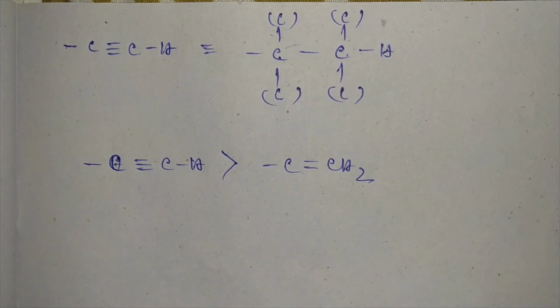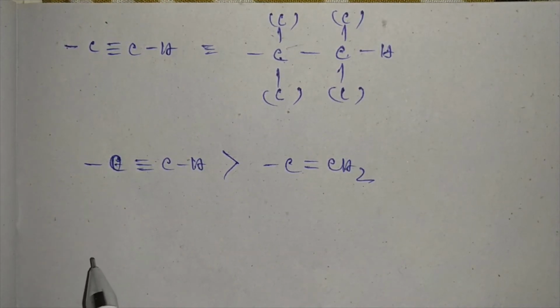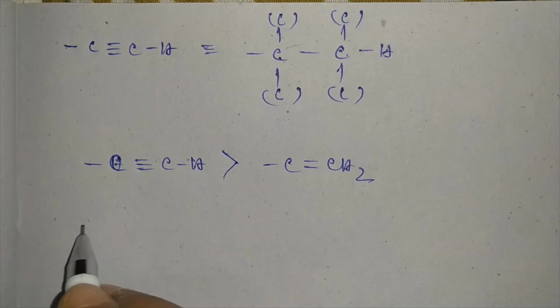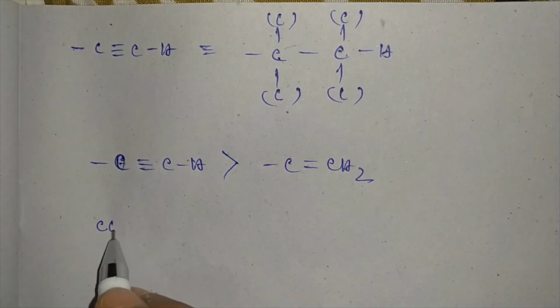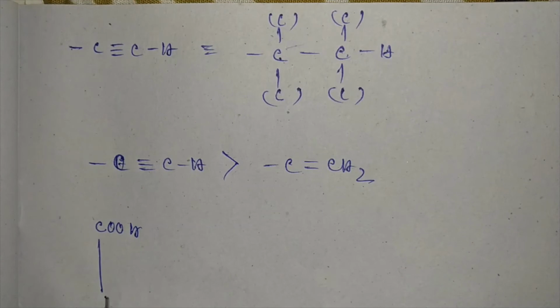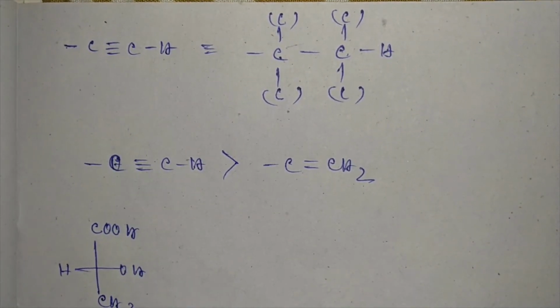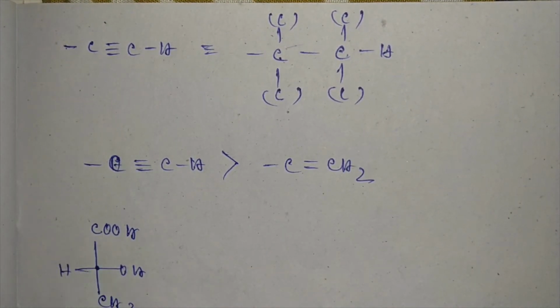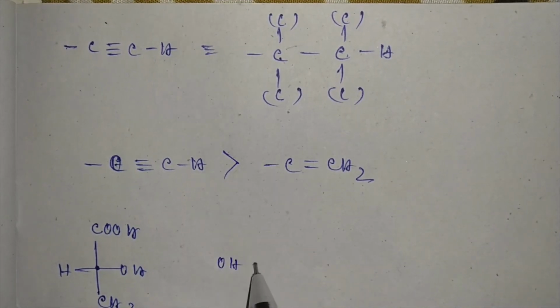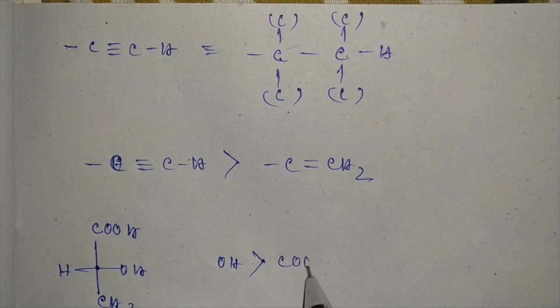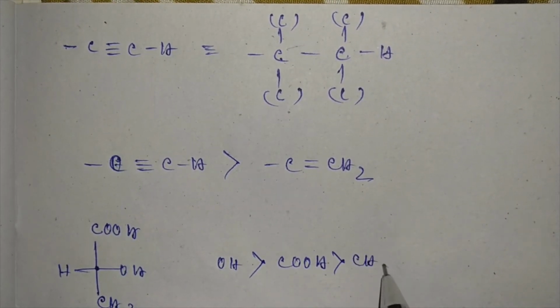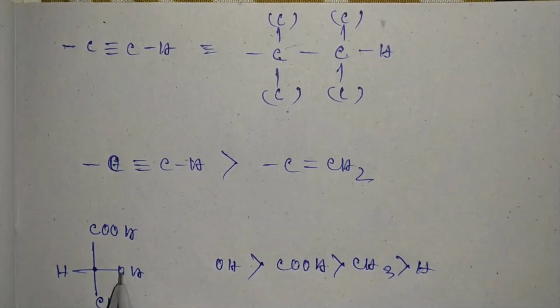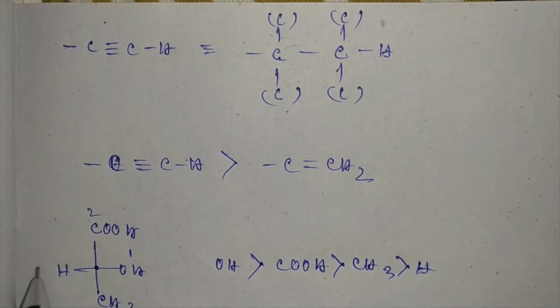Now we will determine the configuration of some stereogenic centers. For example, in this molecule, what will be the configuration of this stereogenic center? So first we will prioritize these groups. Here the priority sequence is OH greater than COOH greater than CH3 greater than H. So this is 1, 2, 3, 4.